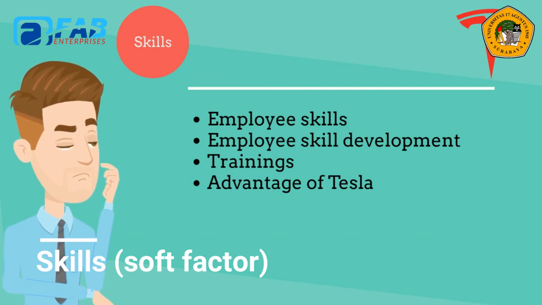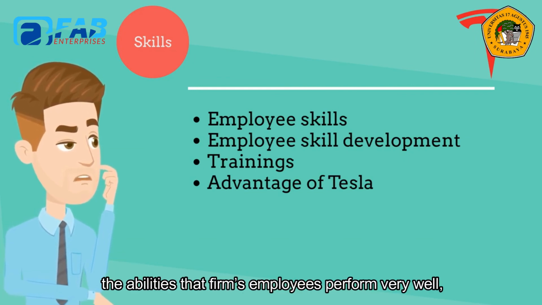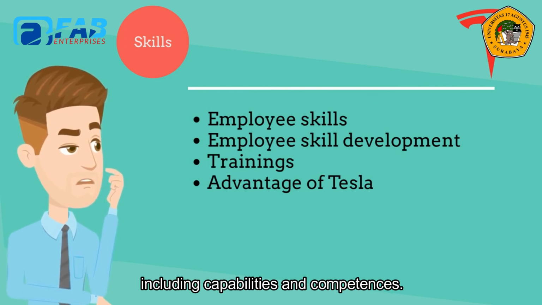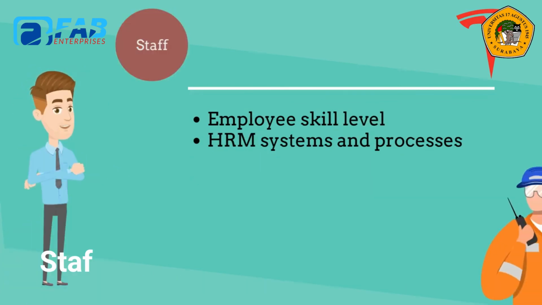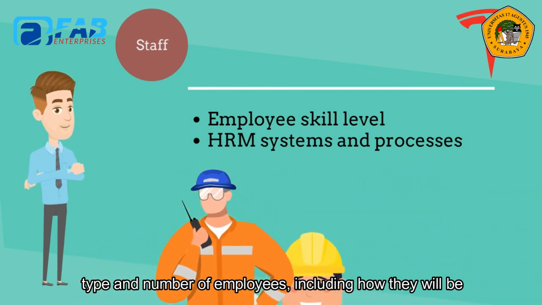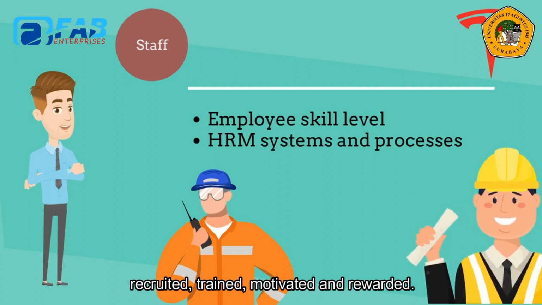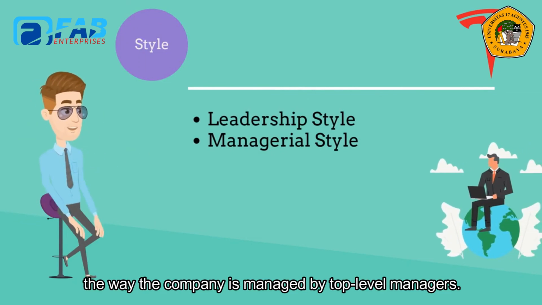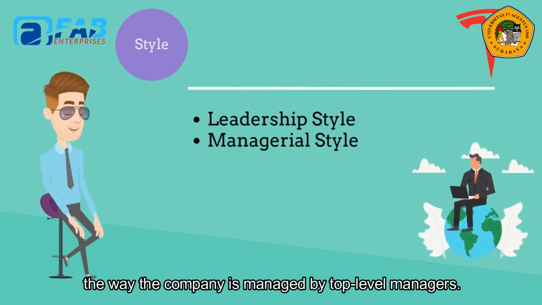Skills, soft factor. The abilities that a firm's employees perform very well, including capabilities and competence. Staff, soft factor. Type and number of employees, including how they will be recruited, trained, motivated, and rewarded. Style, soft factor. The way the company is managed by top-level managers.